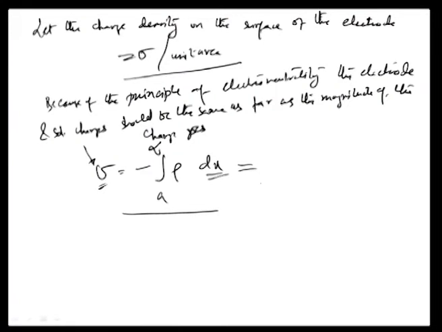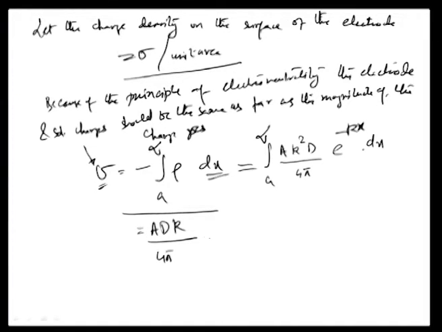We are able to see this as a integral from 0 to infinity of square of k times d divided by 4 pi e to the power of minus kx times dx. And this can further be expressed as a dk divided by 4 pi e to the power of minus kx.